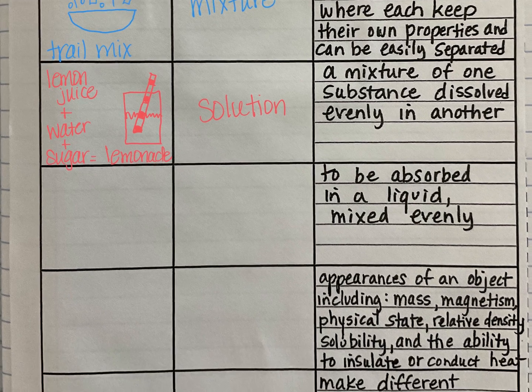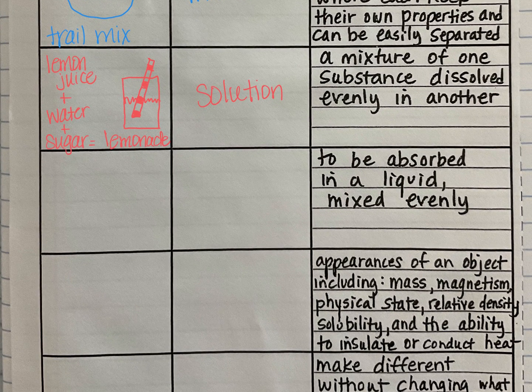Okay, the next vocabulary word we're going to look at is dissolve. Dissolve means to be absorbed in a liquid, mixed evenly. So for example, what about sugar water? We're going to draw some sugar water. So I'm going to pour some sugar into my water.